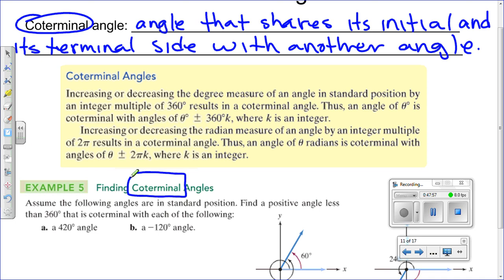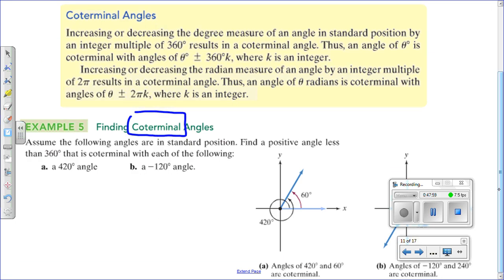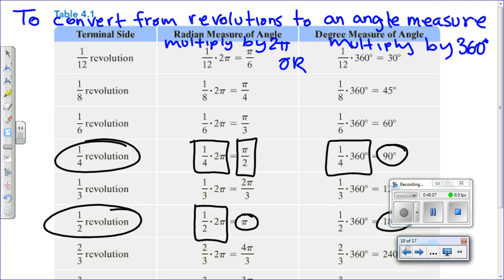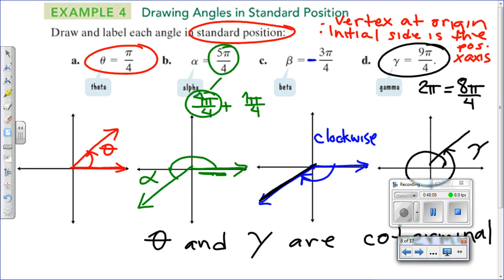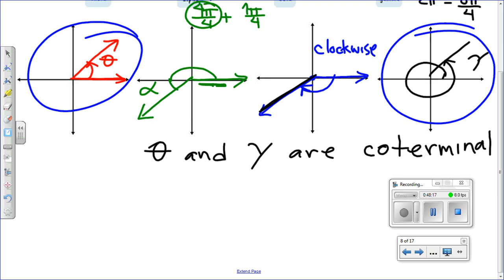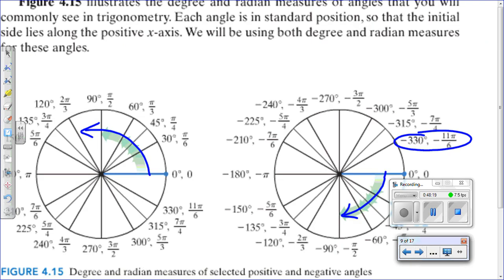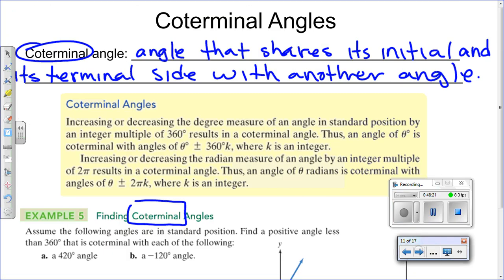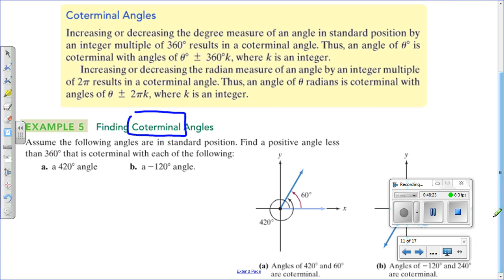They have the same initial side because they're in standard position, so that's by default. And then the terminal one is also the same. And just like we did on the examples that I showed you, that Jerry told us, they have the same initial and same terminal.